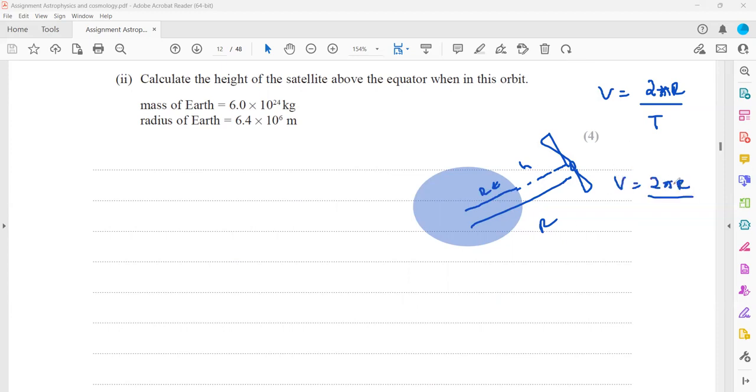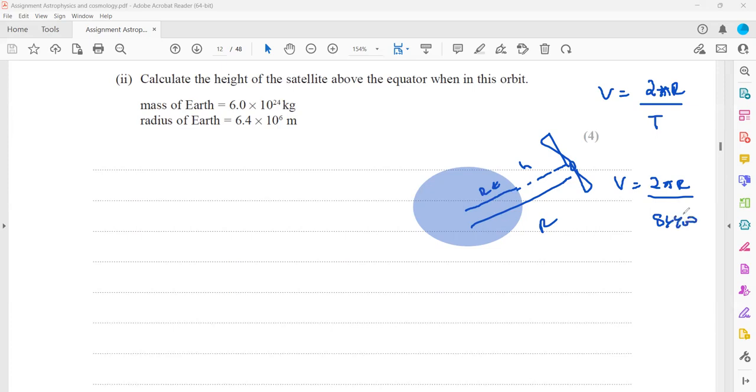That is 24 hours, so 24 times 60 times 60, 86,400 seconds, sorry. So we'll have this value.